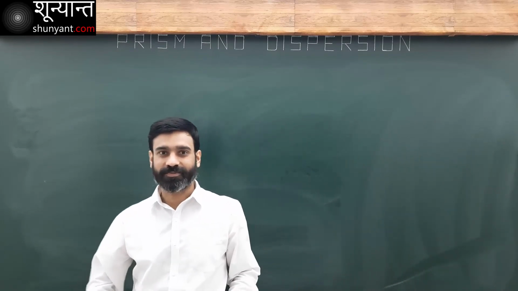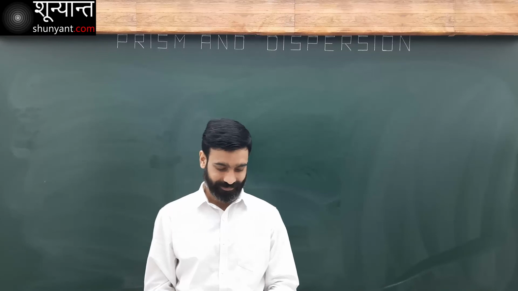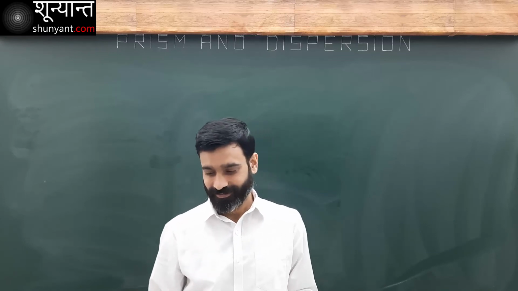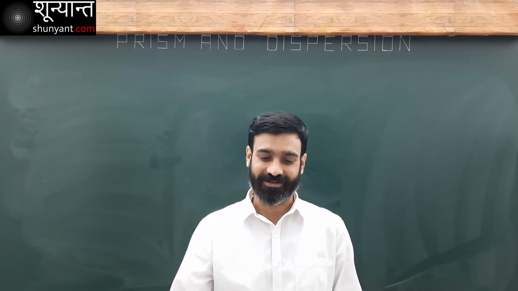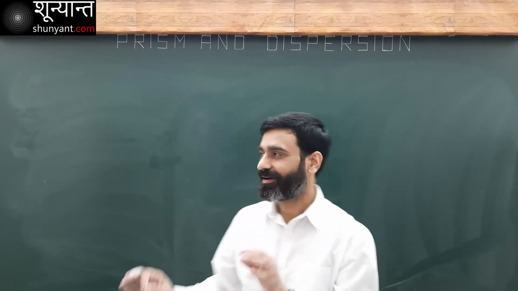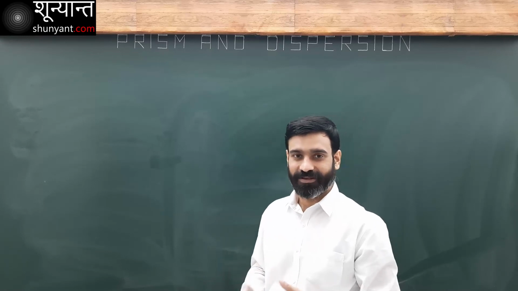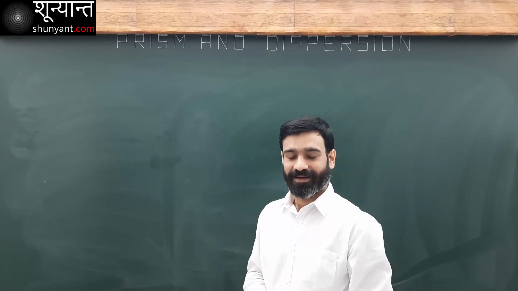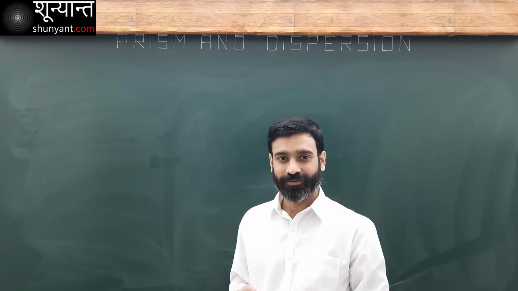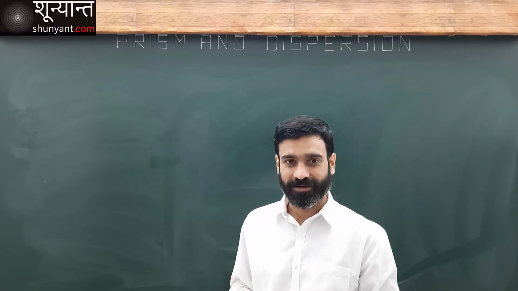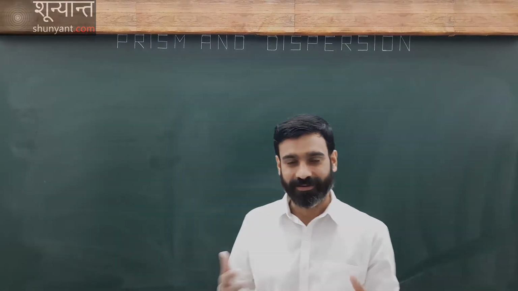Let's do it in the next class. Whatever we learned here, especially for the thin prism, remember that formula, that relation for the thin prism. We are going to use that in explaining dispersion and finding its formulas, in the next class.